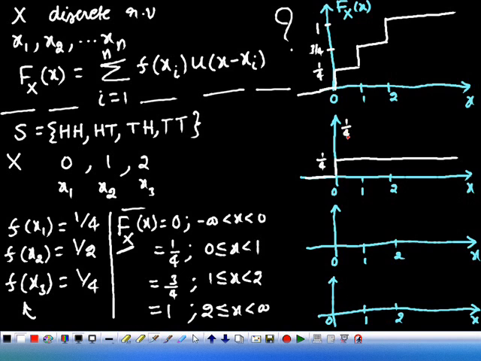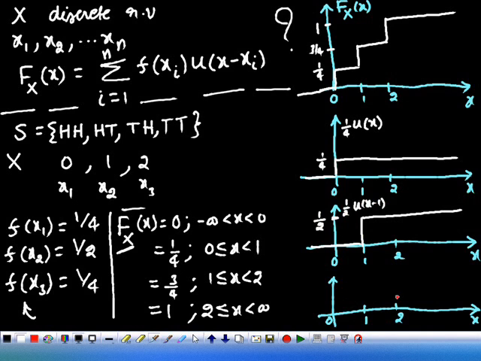This is 1 by 4 u of x. Is that right? And next I take another one which is constant, equivalent to 1 by 2 from 1 onwards. Therefore, this can be written as 1 by 2 u of x minus 1.